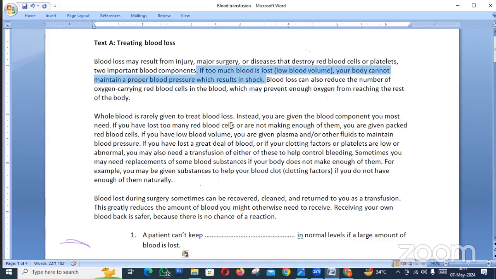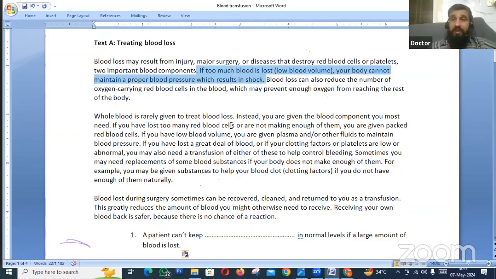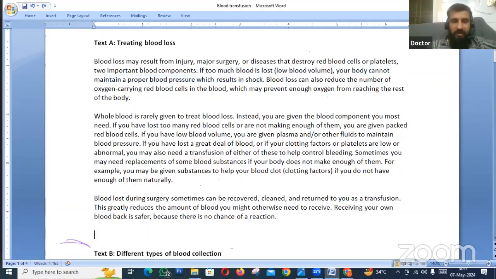If there is blood loss, there is a decreased number of oxygen-carrying blood cells also. But if you see the keywords, mainly the normal level is written here with blood pressure. Your body cannot maintain a blood pressure, which is also there with high blood volume loss. So your answer is blood pressure, not red blood cells. Very good, excellent.